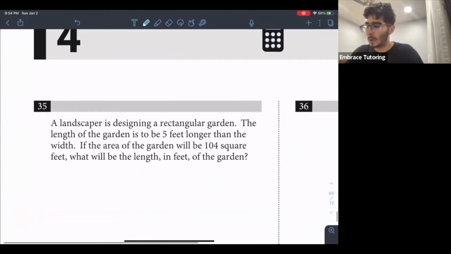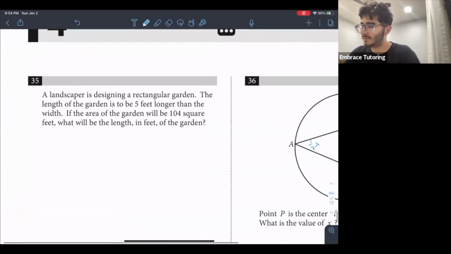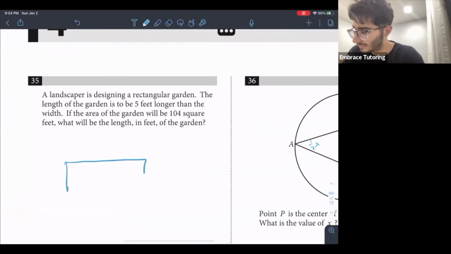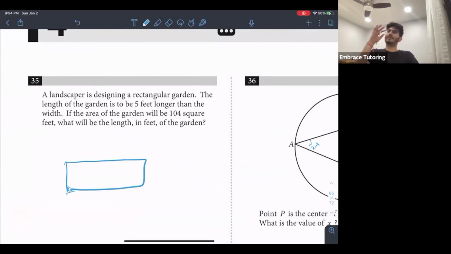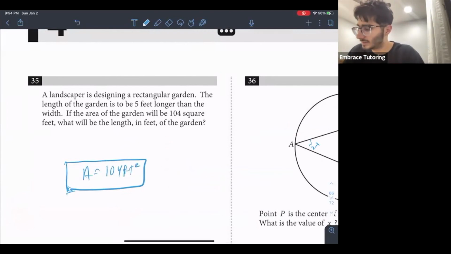Question 35. A landscaper is designing a rectangular garden. The length of the garden is to be 5 feet longer than the width. It's always ideal to draw a picture so you can understand what the problem is asking. They said the area is 104 feet squared, and the length is 5 feet longer than the width. So the width could be W, and the length could be W plus 5.